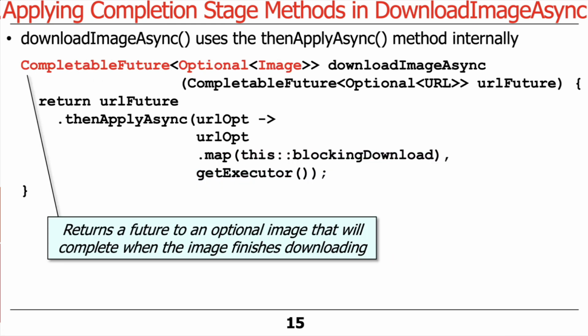So what comes back here is a completable future to an optional image, where the optional image will have a value present if it's in the process of downloading a URL from a server, and it'll be empty if the URL optional was empty.